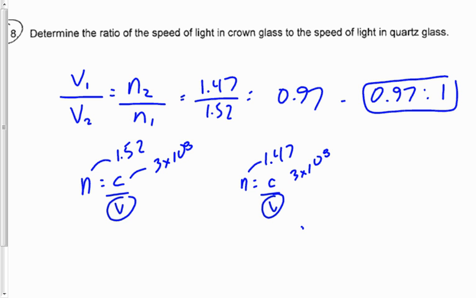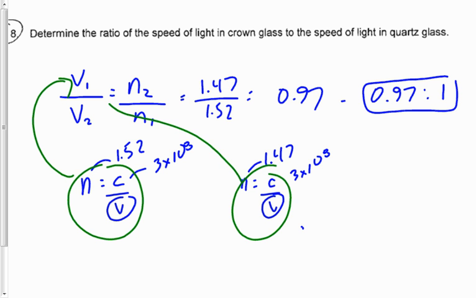That makes sense? Watch what happens, just so that you understand why they're both legitimate. If I sub in V1 over V2, well, V1 is going to be c over n1. V2 is going to be c over n2.